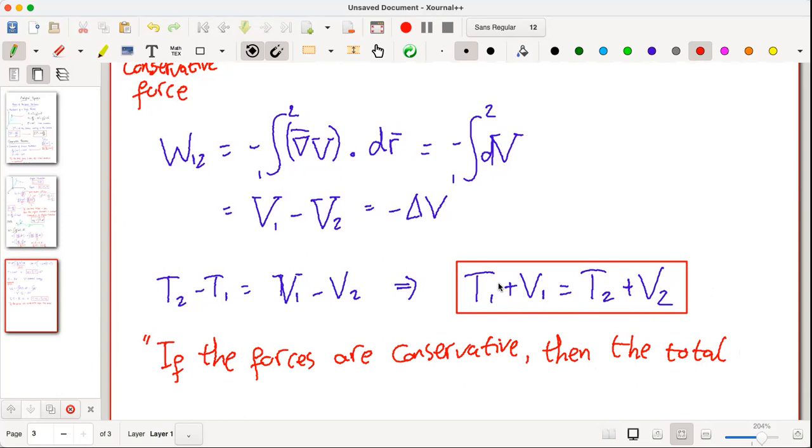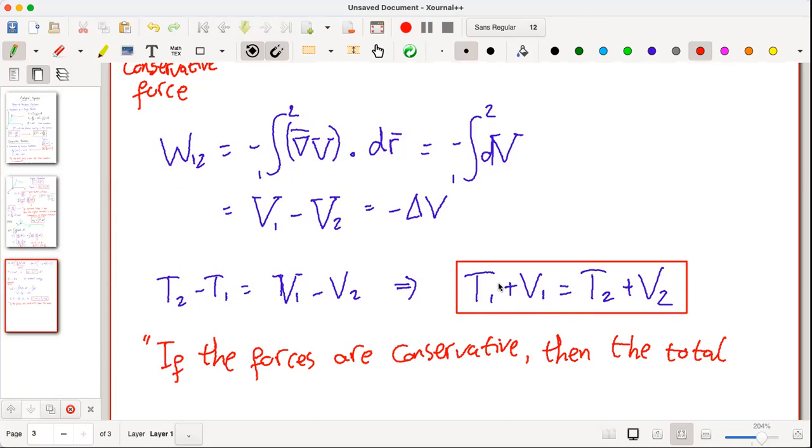So the kinetic energy may change over time, right? But the change in kinetic energy is compensated by the change in potential energy as well. So the total sum of the kinetic and potential energy is always the same.